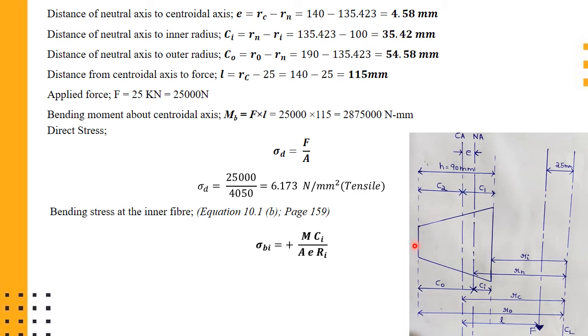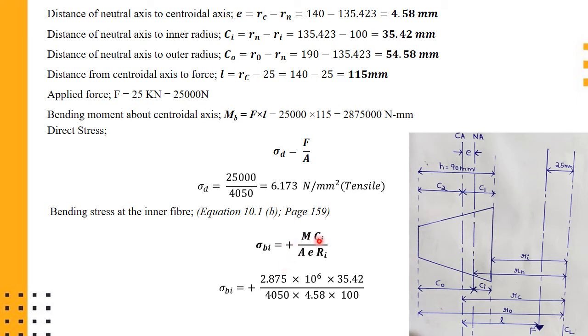Whereas the outer fiber will be subjected to compressive stresses. The outer fiber will be contracted, so when we consider the bending stress for the outer fiber, it will be negative. This is the formula for the inner fiber: M Ci divided by A e ri, plus due to tensile stress.